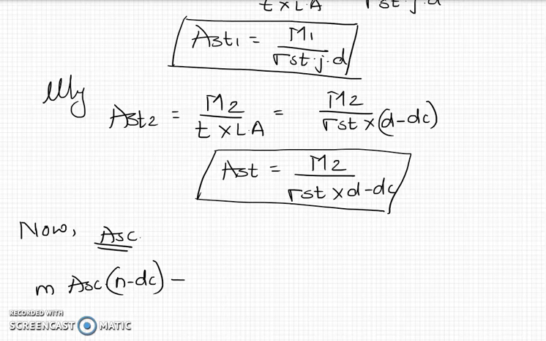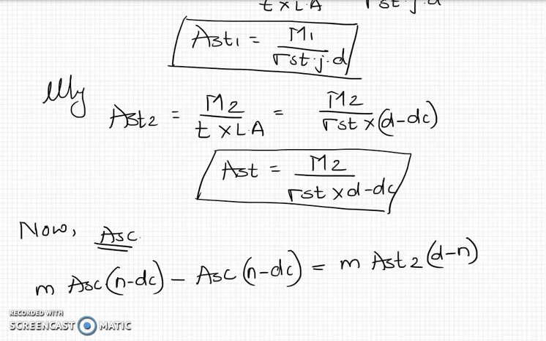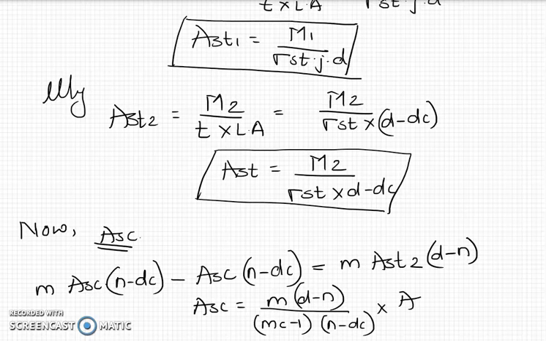We have to subtract the amount of concrete, that is ASC into N minus DC, and equate this to the area of additional steel, that is AST2, and its distance from the neutral axis is D minus N. So from this equation we can write ASC equal to M into D minus N divided by MC minus 1 into N minus DC, multiplied by AST2.